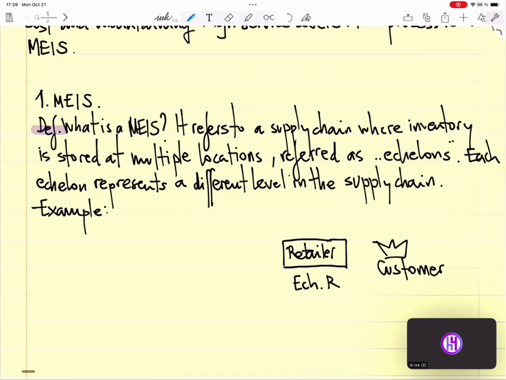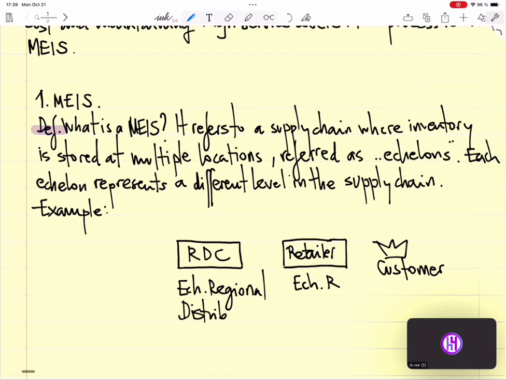Then you have some warehouse in, I don't know, Ludwigsburg, which is called the Regional Distribution Center. Echelon Regional Distribution Center.